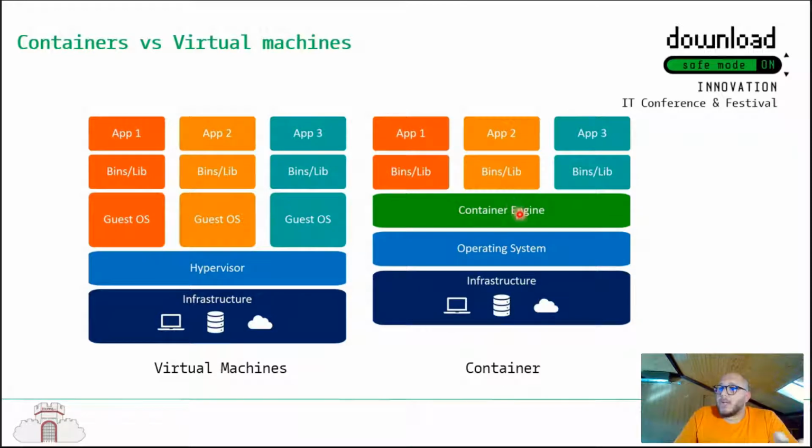You don't have to use the whole thing that the operating system comes with. So once you have cut this amount of data, you have a very lightweight container, or a very lightweight package with all that you need: the binaries, the libraries, and the actual application.